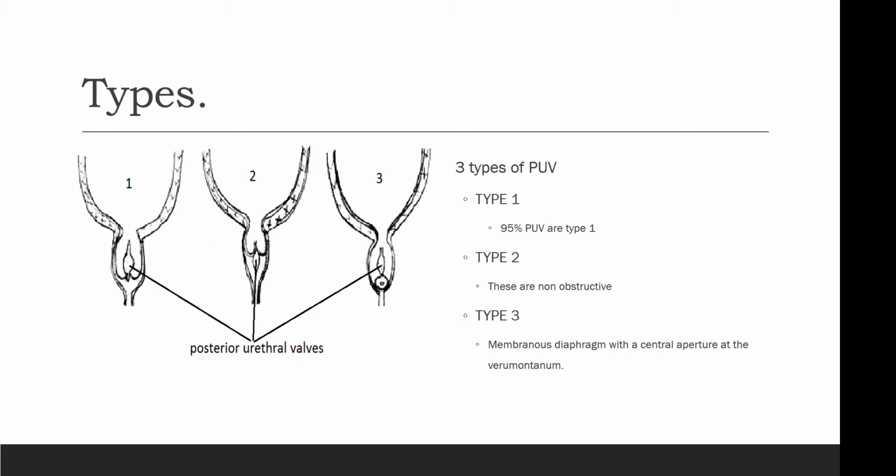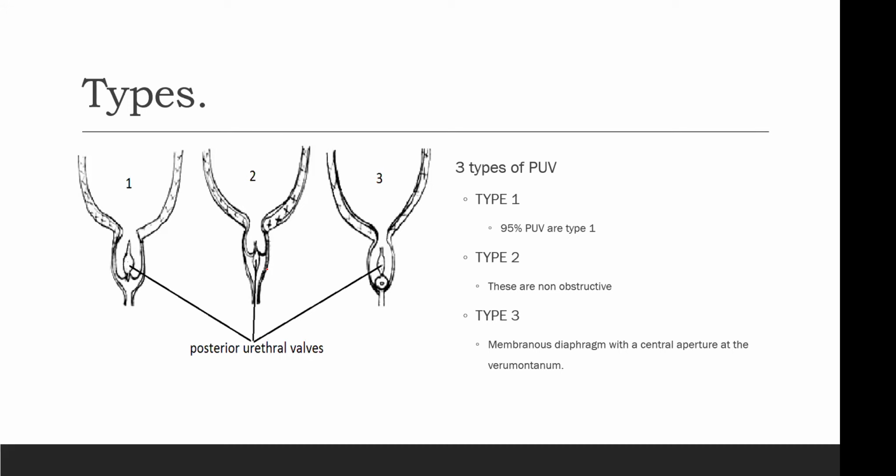Type 2 is formed in the opposite way: the leaflets are facing down where they meet, and it's non-obstructive because of the way the leaflets of the valves are fused.